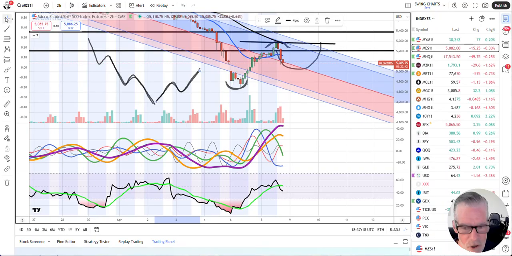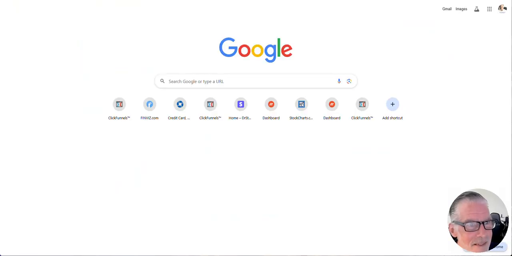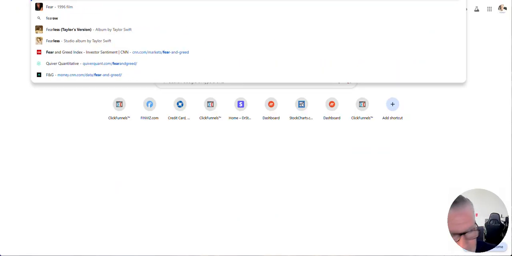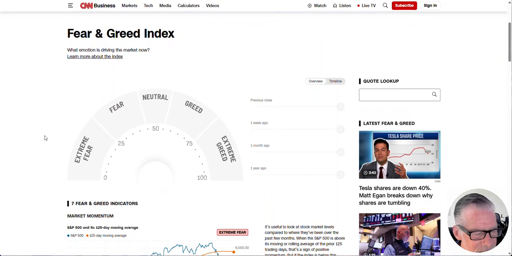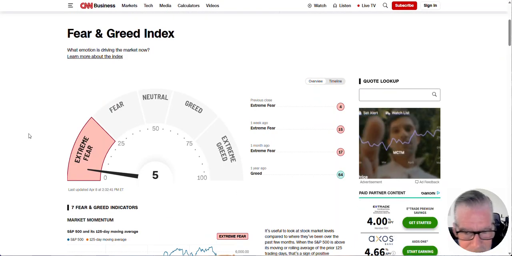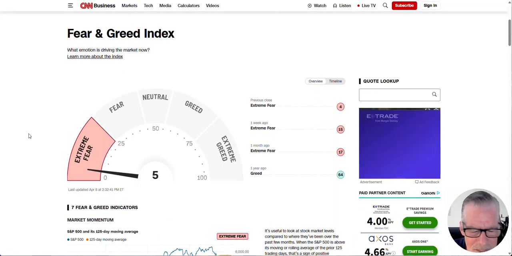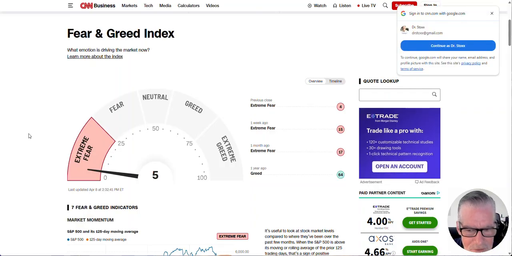But even if we go past all of that, let's take a look at the fear and greed index. I owe the fear and greed index a fair amount of the profits that I made after the 2018 serious market correction.